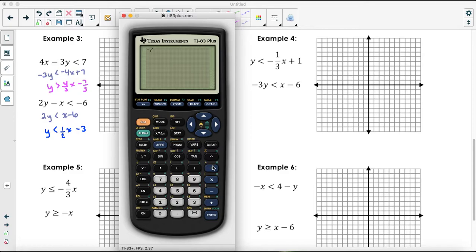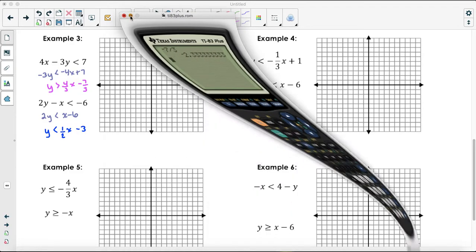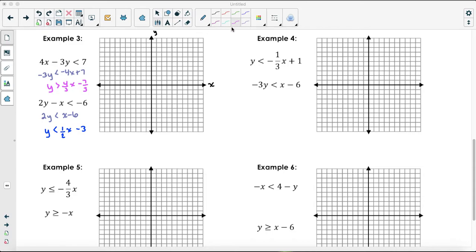Negative 7 divided by 3 is negative 2 1/3, about right here. We're going to add 4, so we're going to have a change in positive 4 over a change in positive 3.